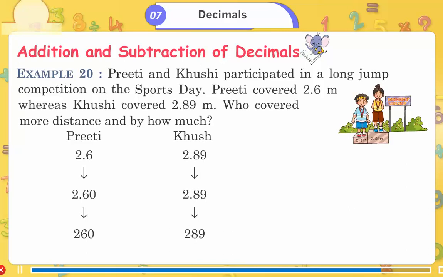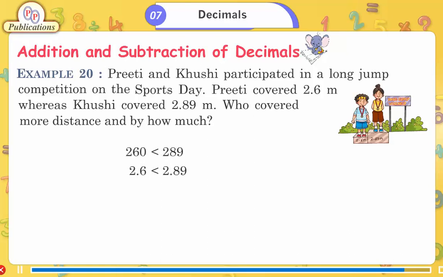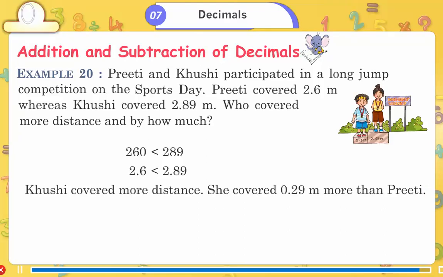Khushi 2.89 is 289. 2.89 minus 2.60 is 0.29. 260 is smaller than 289. 2.6 is smaller than 2.89. Khushi covered more distance. She covered 0.29 meters more than Preeti.